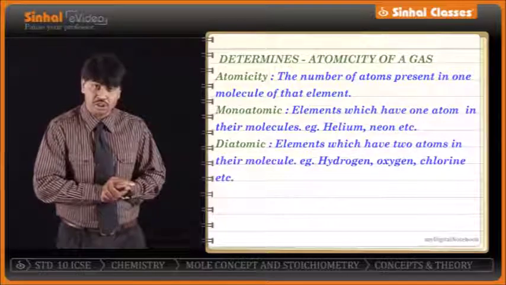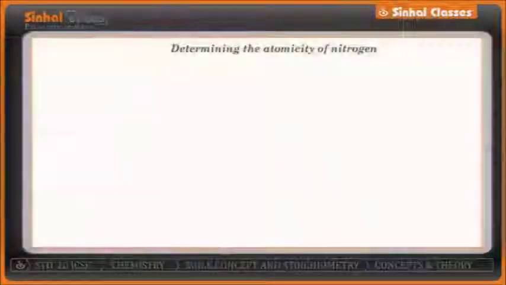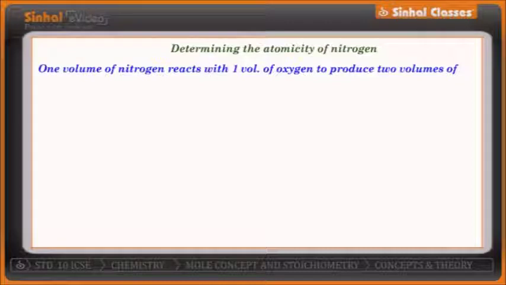Let's see the application in determining the atomicity of nitrogen. It has been observed that one volume of nitrogen reacts with one volume of oxygen to produce two volumes of nitric oxide.